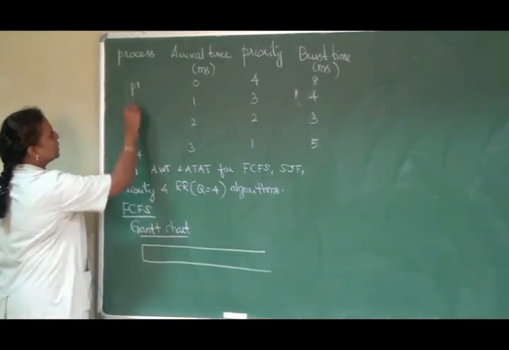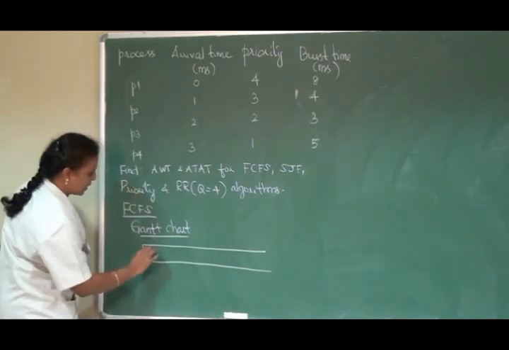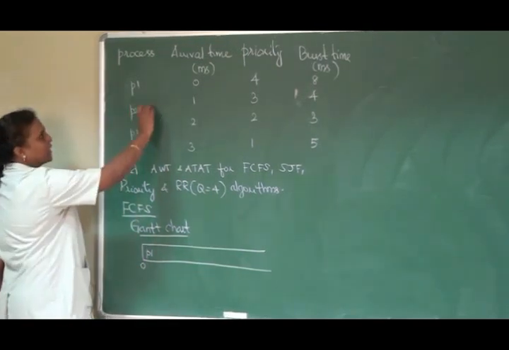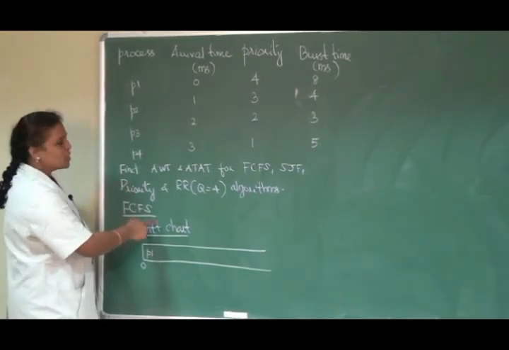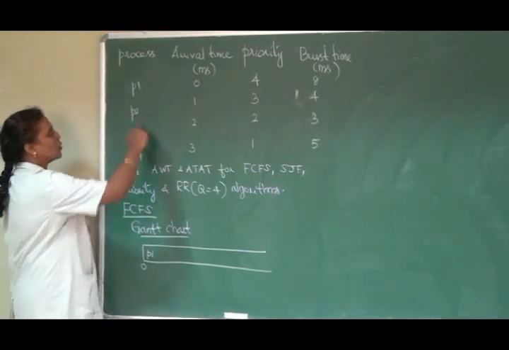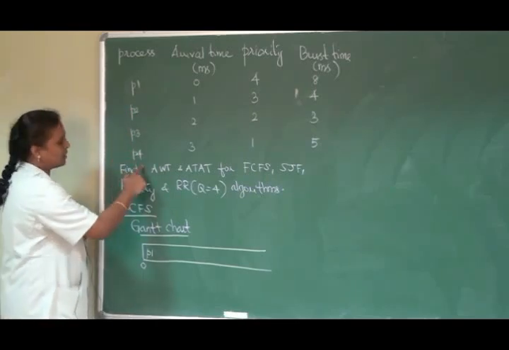The processes arrived at different times. Process P1 arrived at the 0th millisecond. This is first come first serve algorithm, so the processes are allocated in the order in which they are arriving. So P1 gets the CPU first, then P2, then P3 and then P4.